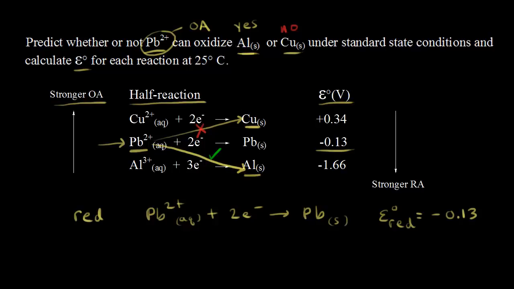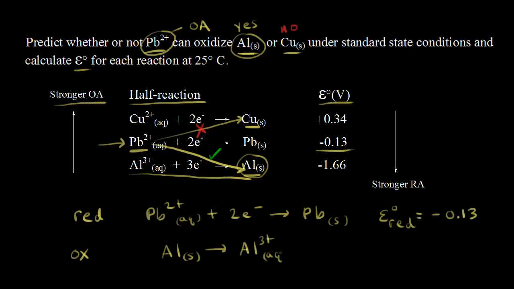Next, we're going to write the oxidation half reaction for aluminum. Right? So here is aluminum, so we need to reverse this reduction half reaction. So we write solid aluminum going to aluminum 3 plus. To do that, it needs to lose 3 electrons. So loss of electrons is oxidation. So we need to find the standard oxidation potential for this half reaction now.